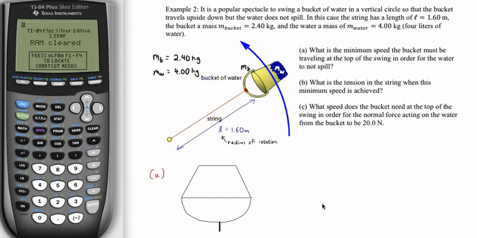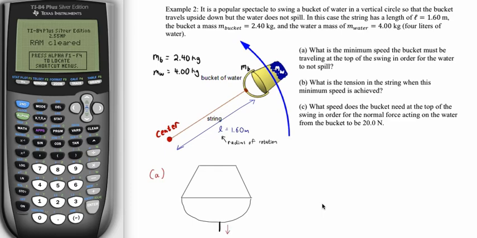Now let's think about the forces, and let's consider first of all the acceleration. Since this object is going through circular motion, we know that the direction of centripetal acceleration is going to be towards the center of the circle. At the top of the swing, which is shown, the centripetal acceleration will point down.